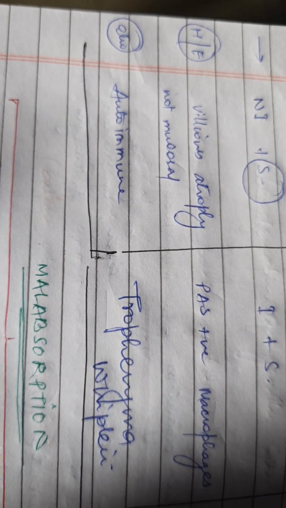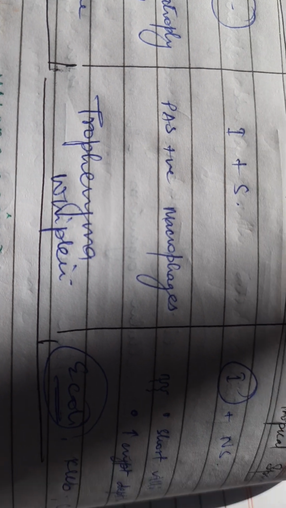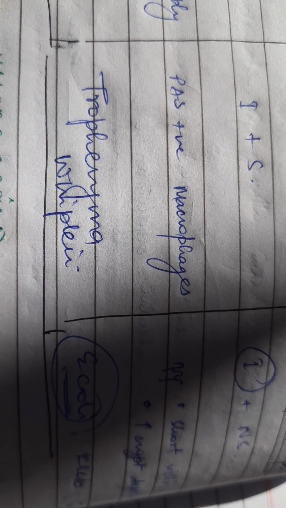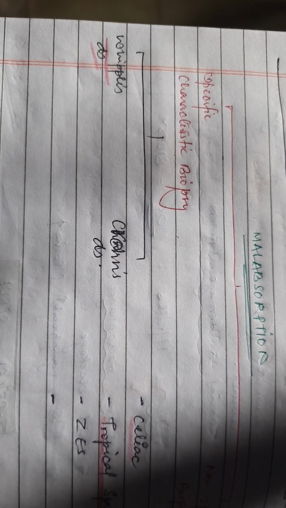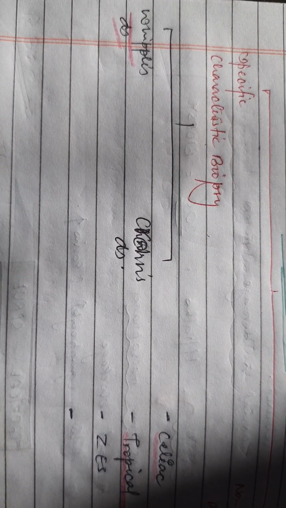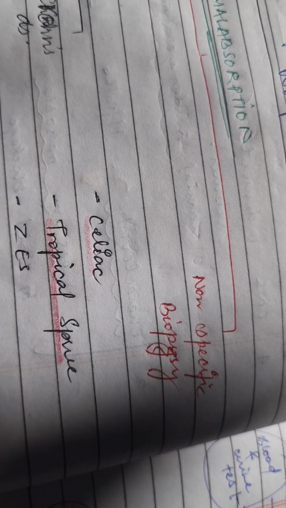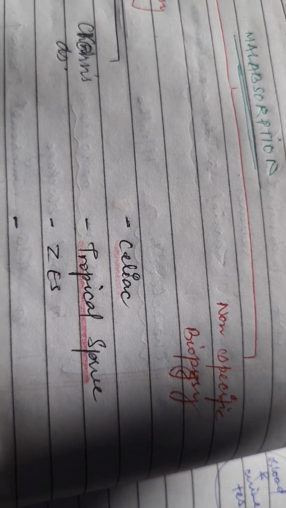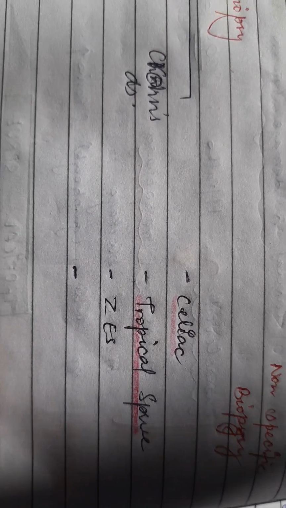Okay. Then etiology: celiac disease is autoimmune, Whipple disease is caused by Tropheryma whipplei, and tropical sprue is caused mainly by E. coli. In malabsorption, a specific characteristic biopsy is seen in Whipple disease and Crohn's disease. Non-specific biopsy is seen in celiac, tropical sprue, and Zollinger-Ellison syndrome.